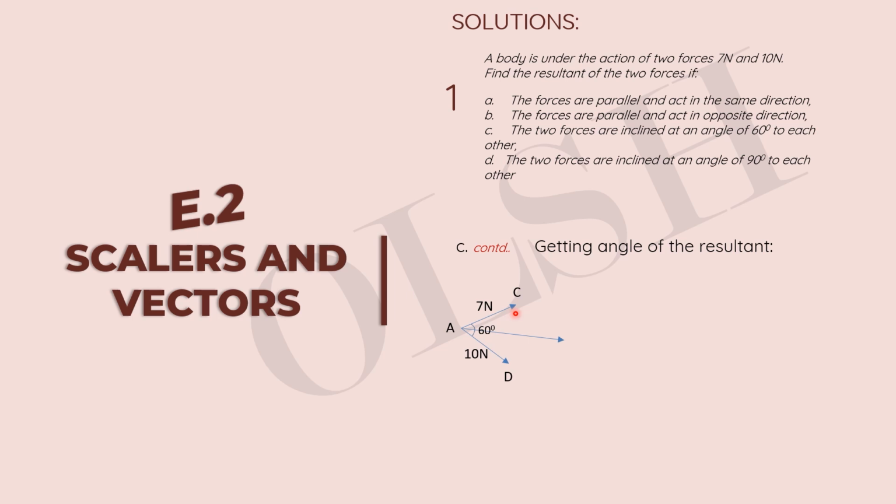So we remember in a parallelogram that opposite angles are equal, right? So if this is 60, obviously this will be 60. All right, and remember that all the angles in a parallelogram sum up to be 360.